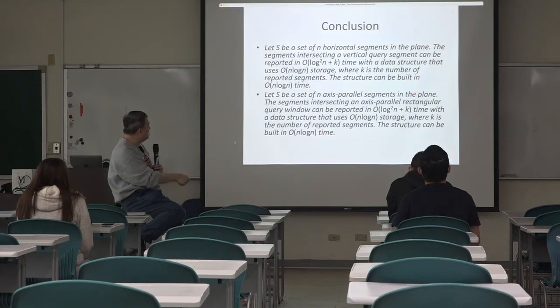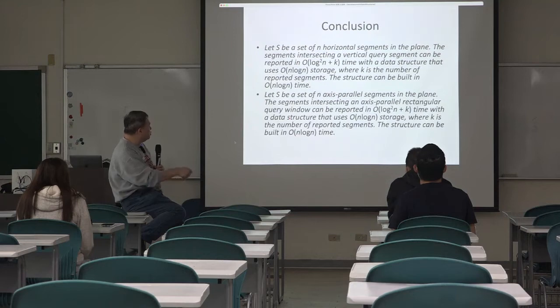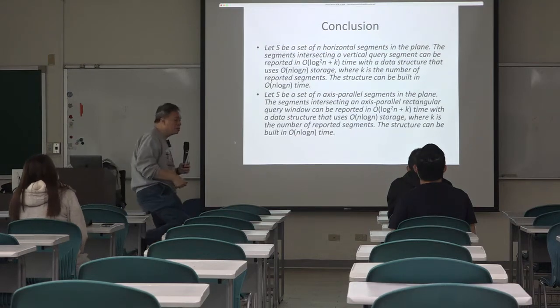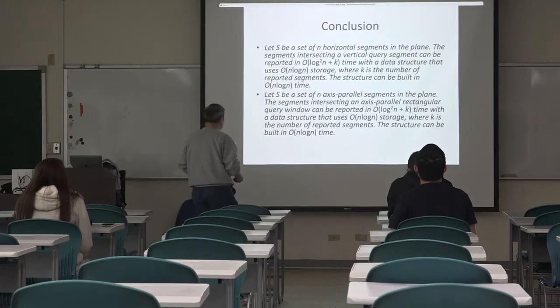So the segments intersecting an axis-parallel rectangular query window can be reported in O(log² n + k) time with a data structure that uses n log n storage, where k is the number of reported segments. The structure can be built in n log n time. So we finally are able to deal with this window query.